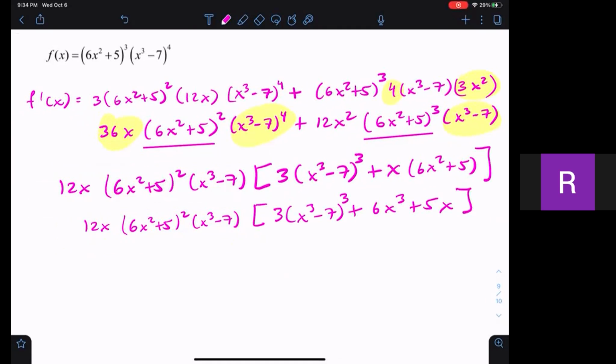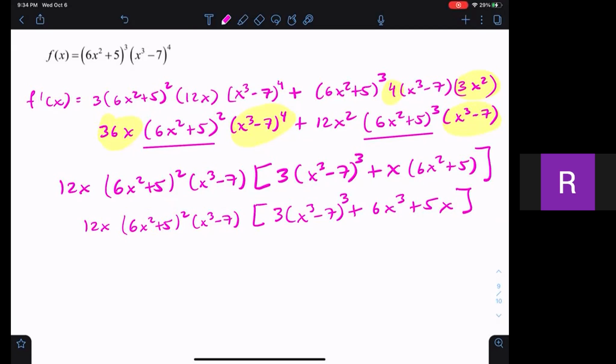Let's see what else they did. I mean, I don't think they did the inside, honestly. Let's see. Oh, here, this one, 12, okay.